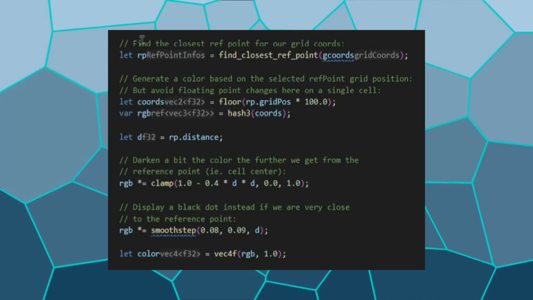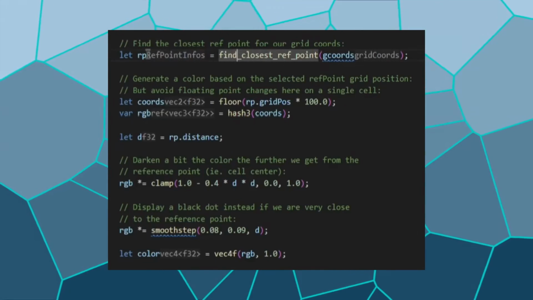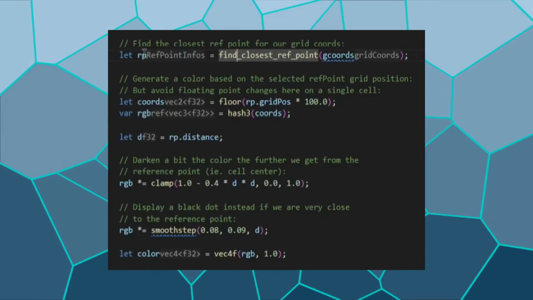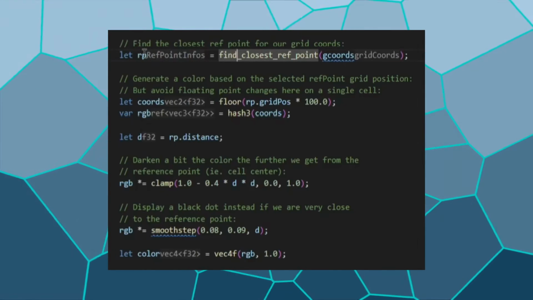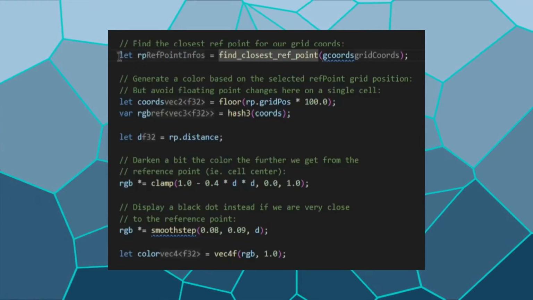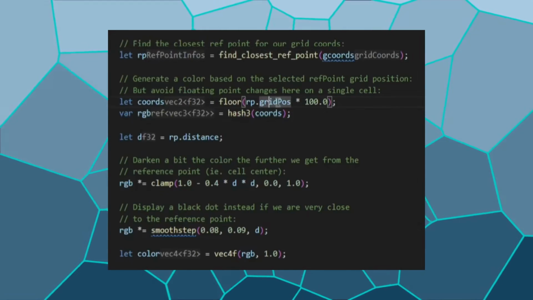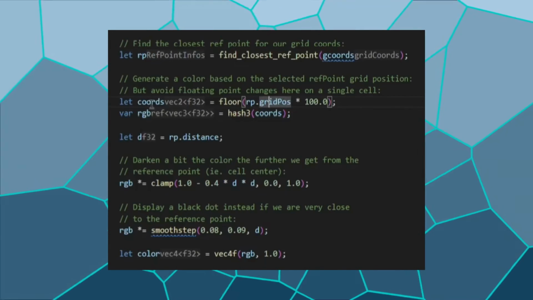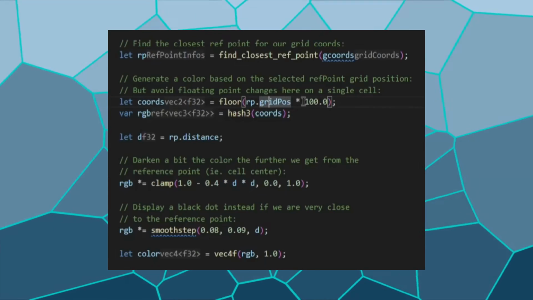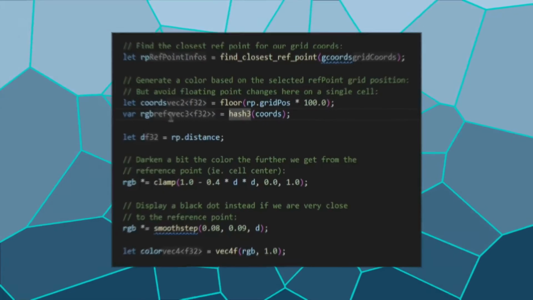Next, in our main function, we can make use of this function to figure out what is the closest reference point and assign a dedicated color to the pixel that will be related to the location of that reference point. So we'll be retrieving this grid position of the reference point and extracting some kind of random value from it, and we'll use this hash-free function to generate a color.